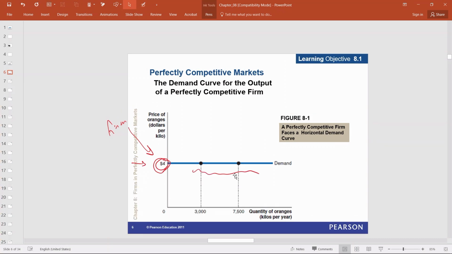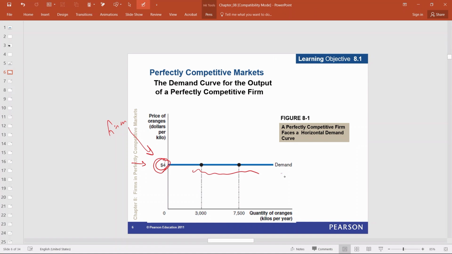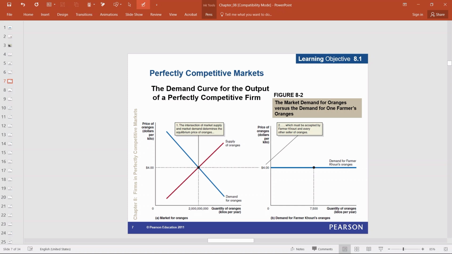So in this case, this farmer or this supplier will face a flat demand curve, which expresses that prices are set at this level, which is $4. So now we said that one seller cannot have impact on the market price. So this is the market price that this farmer is facing.